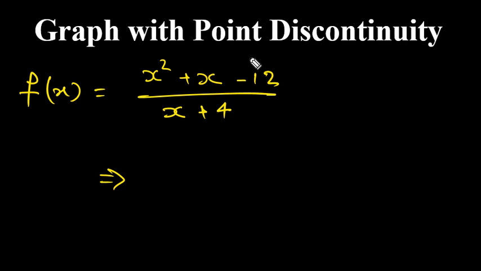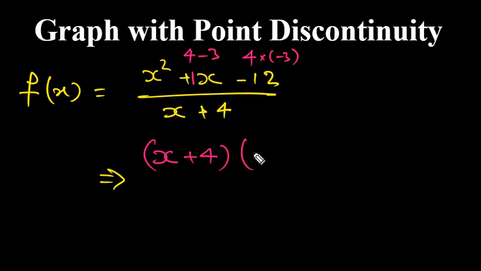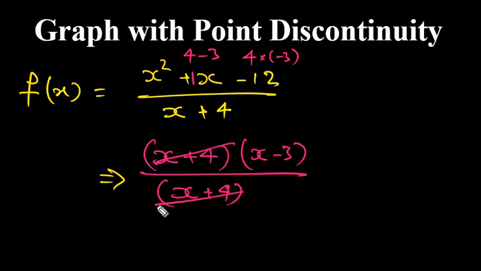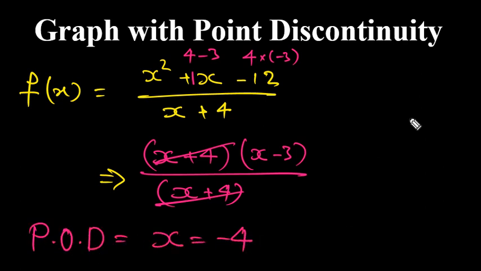What should you multiply? 4 multiplied by -3 will give me -12. 4 minus 3 will give me 1, because this coefficient is 1. Now my factors are x plus 4 and x minus 3. In the denominator you have x plus 4. This will be cancelled out. The point of discontinuity is at x equal to -4.